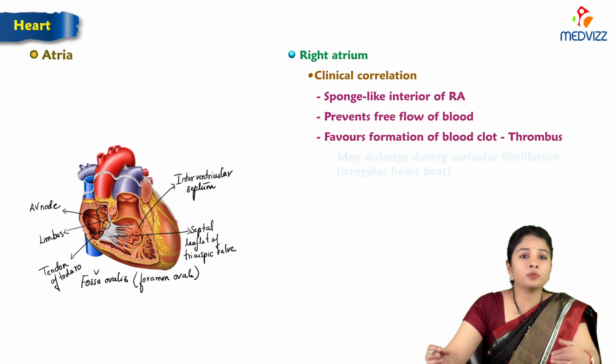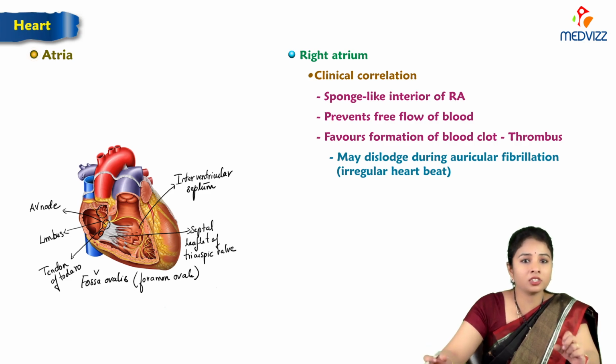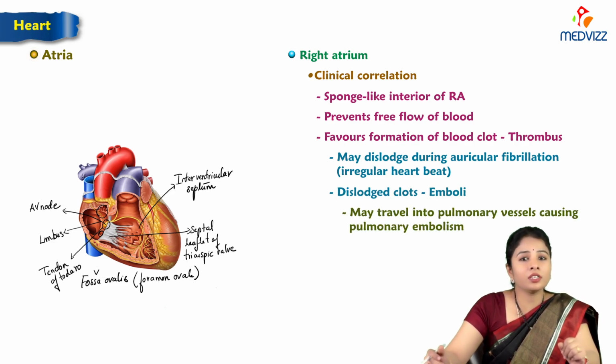These blood clots may dislodge during auricular fibrillation, that is the irregular heartbeat called fibrillation. Due to the auricular fibrillation, the thrombus may get dislodged, and these dislodged clots are known as emboli, and such emboli may travel into the pulmonary vessels causing pulmonary embolism.